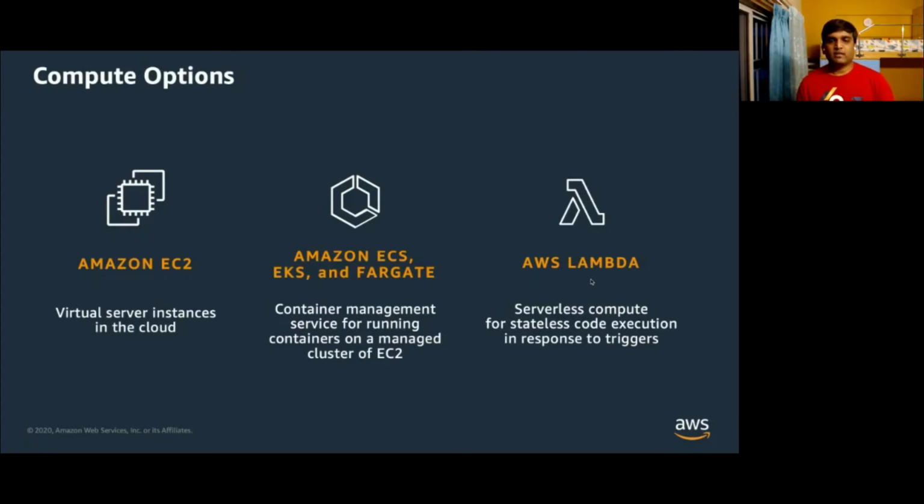This is an example I often give to everyone trying to learn Lambda or serverless for the first time. Let's say your application gets executed only based on some trigger from your customer.